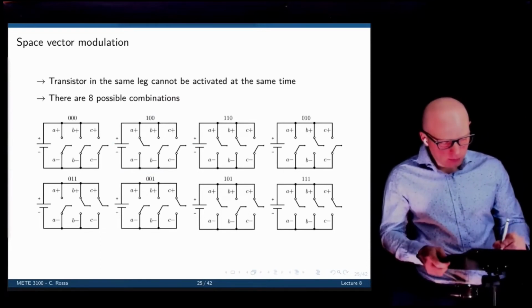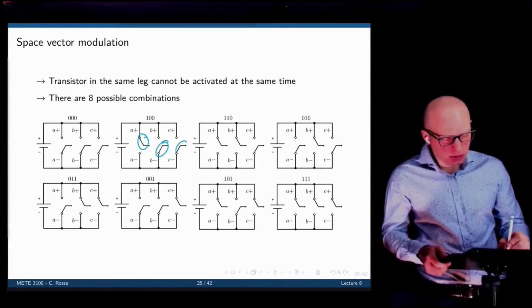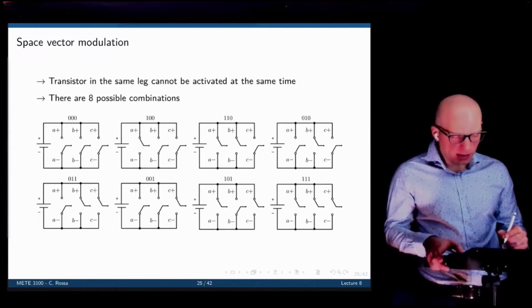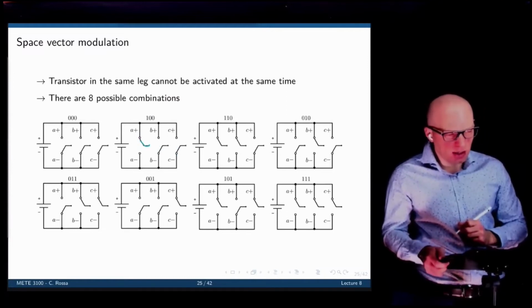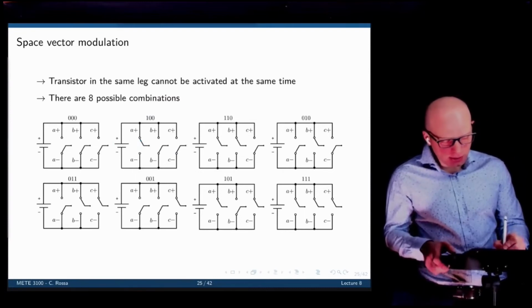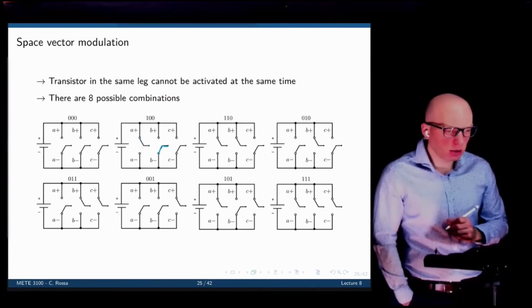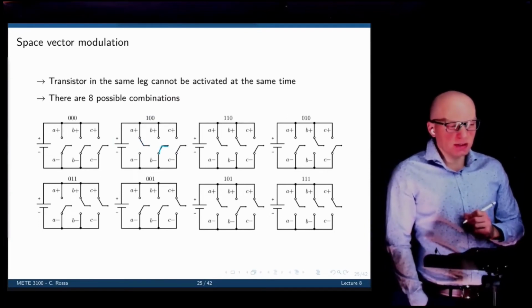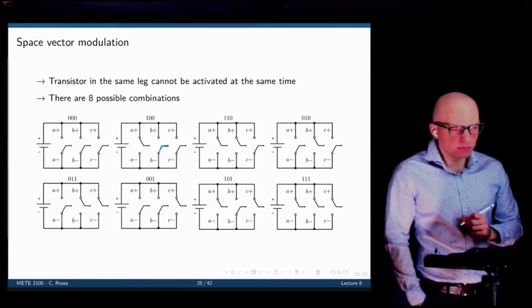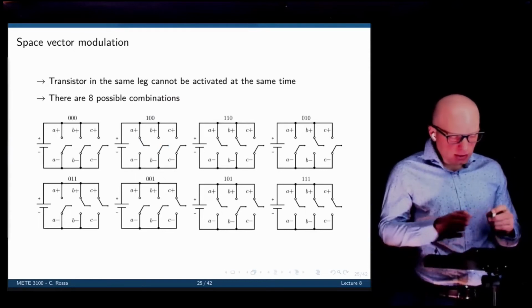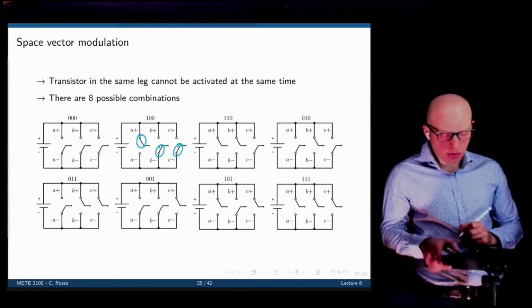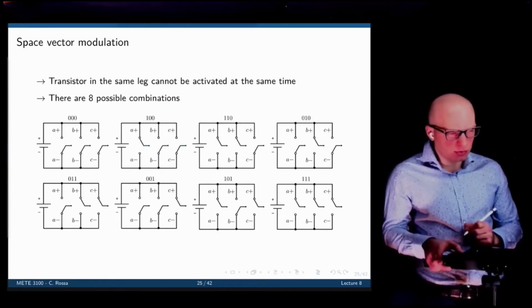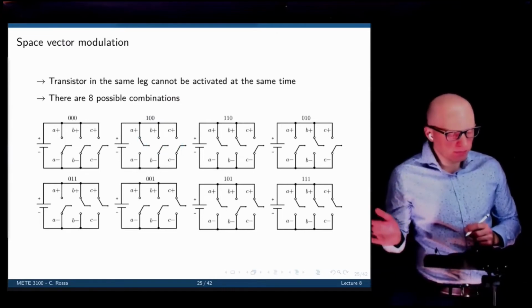We have these gates that represent the transistors for A, B, and C. When connected to the positive side, we assign the Boolean value 1, and when the transistor is connected to the low potential, we assign the Boolean value 0. So for this configuration, we have 1, 0, 0. This is mode 100, which represents phase 1.